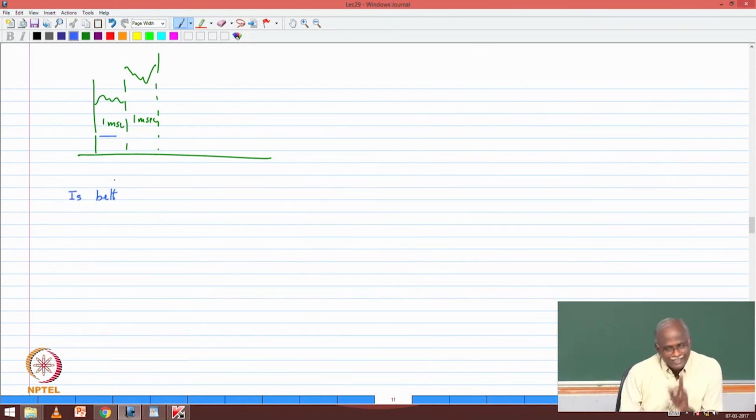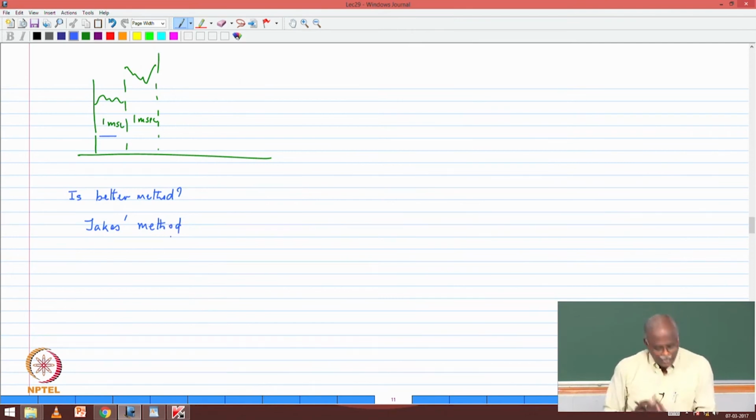If I want 1 millisecond, I generate 1 millisecond, not 1000 milliseconds and throw away 999 milliseconds. So, is there a better method? And that method was actually discovered and proposed by William Jakes, and therefore has been known as the Jakes method, which is the heart of what we will be doing in today's lecture.